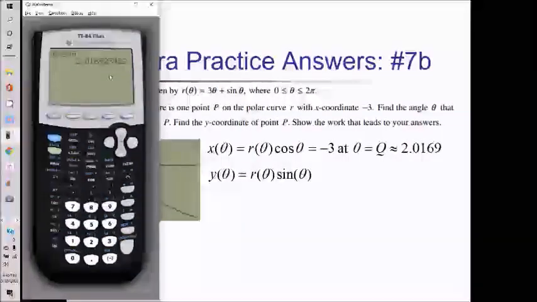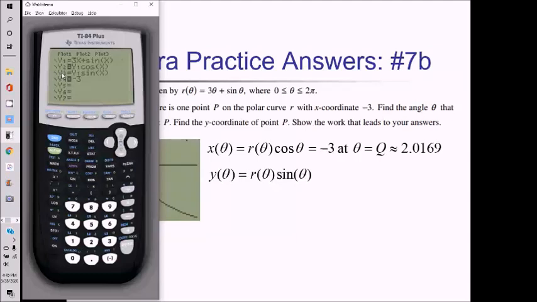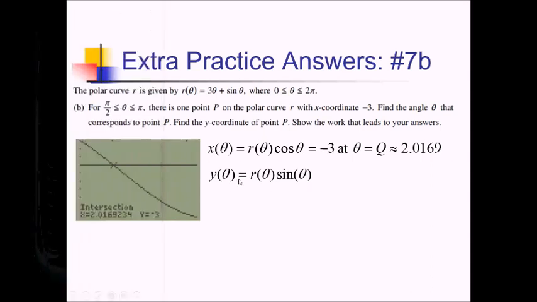And you might remember that in my y equals, in y3, I stored basically r sine of theta. So let me quit out of there, and I'm just going to do alpha trace and pull up y3, open a parenthesis, and now I'm going to do alpha Q inside there, and then press enter, and that gives me 6.272.